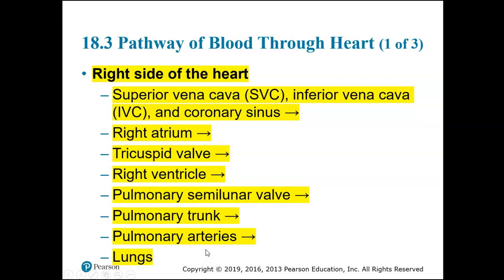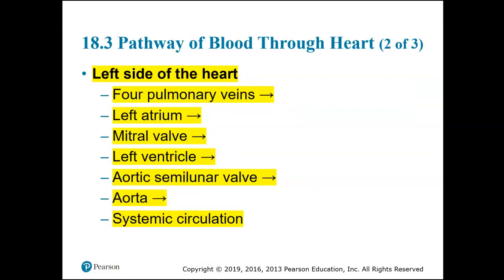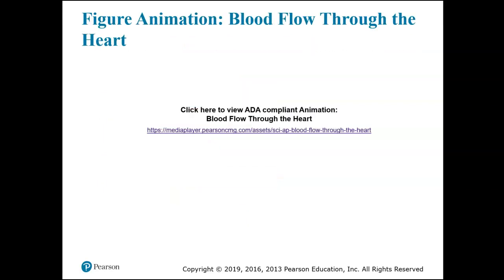Pulmonary trunk branches into the pulmonary arteries. The blood is taken to the lungs where it picks up oxygen. Then it returns to the left side of the heart through the pulmonary veins into the left atrium, past the mitral valve or bicuspid valve into the left ventricle, and then through the aortic valve into the aorta, and then through arteries and capillaries to the systemic circulation or the body systems.